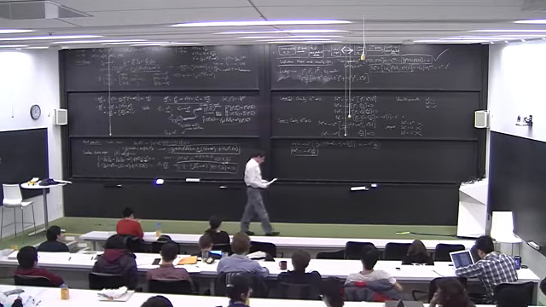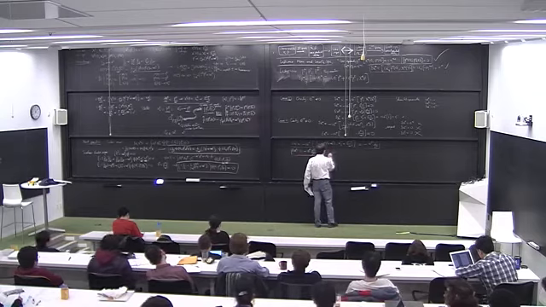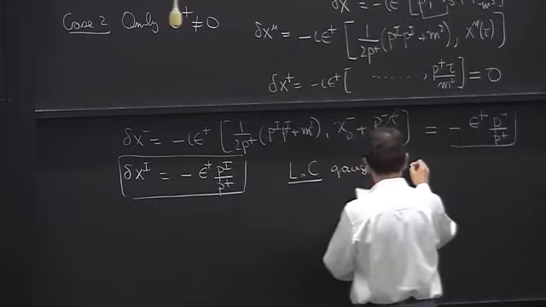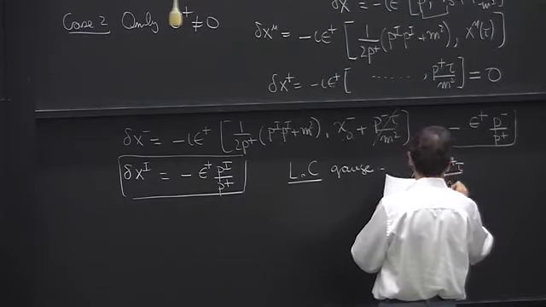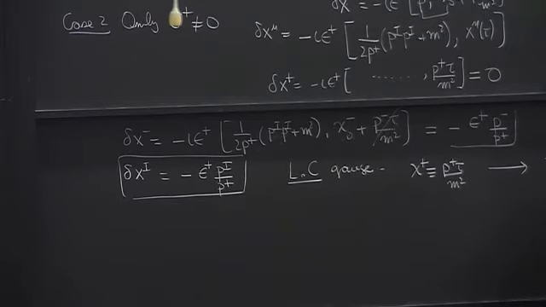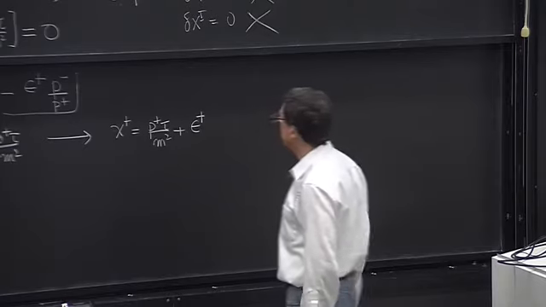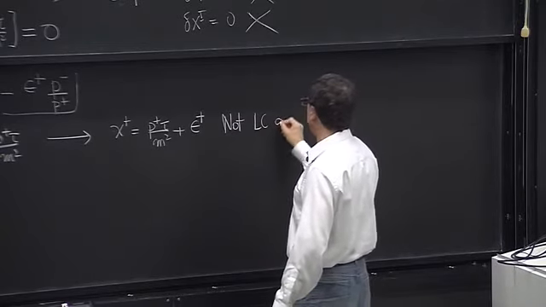You see, you imposed the light-cone gauge, in which x plus was equal to p plus tau over m squared. If this had gotten translated, after this transformation x plus would have become p plus tau over m squared plus some epsilon plus, and this is not light-cone gauge anymore.